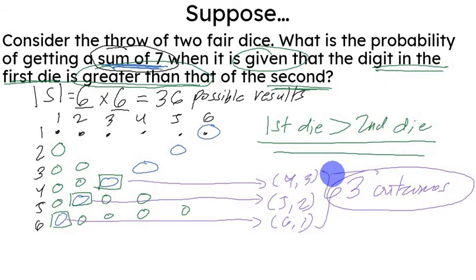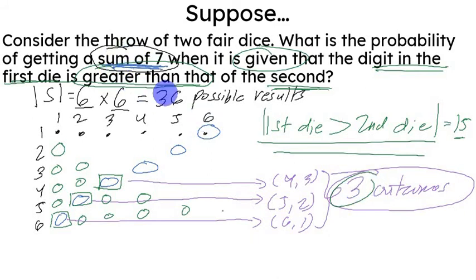Now, since we already know that the event in green happened first, our sample space is no longer all 36, but only those in green, because that is the condition of our situation. So that would mean we have 1, 2, 3, 4, 5, 6, 7, 8, 9, 10, 11, 12, 13, 14, 15. So the cardinality of this set would be 15. Out of the 15 outcomes where the first die is greater than the second, we have 3 possible outcomes that give a sum of 7.